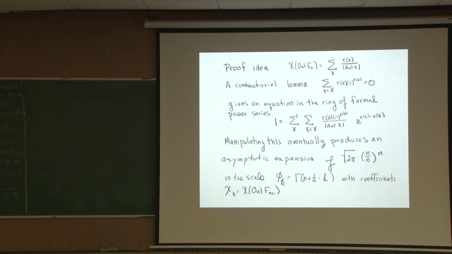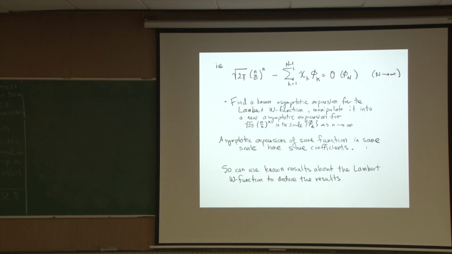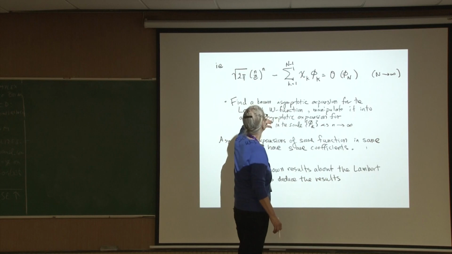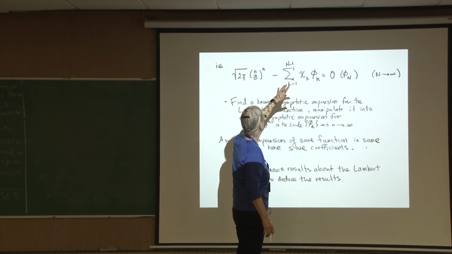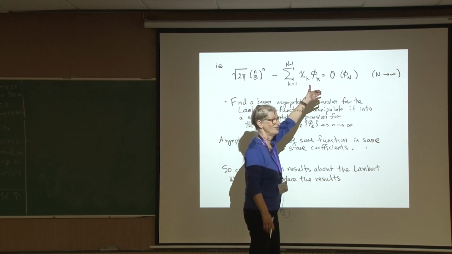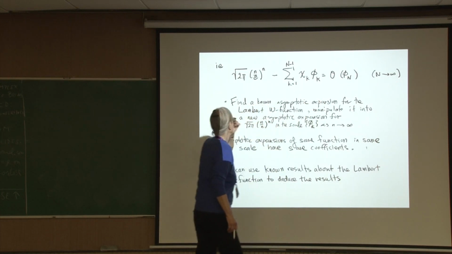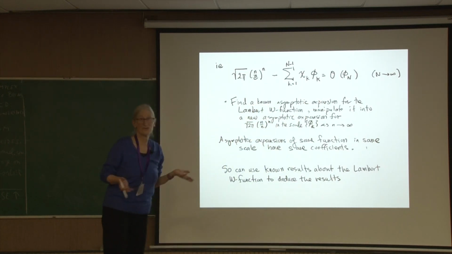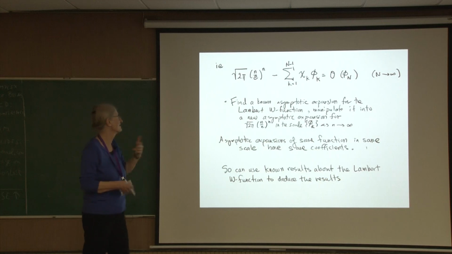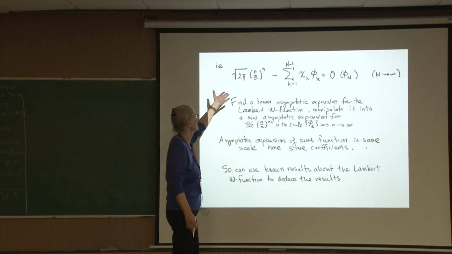So as I said, this is very quick. So what does this mean, an asymptotic expansion? It means that if I take this function and I subtract off the first n minus 1 terms, I get something that's O of phi of n as n goes to infinity. So we have an asymptotic expansion for this function.